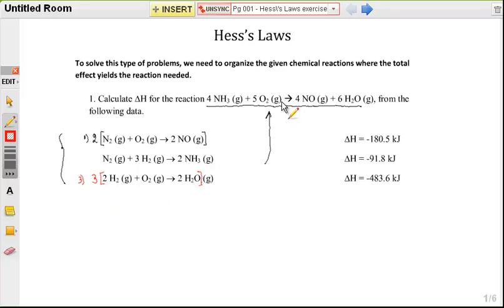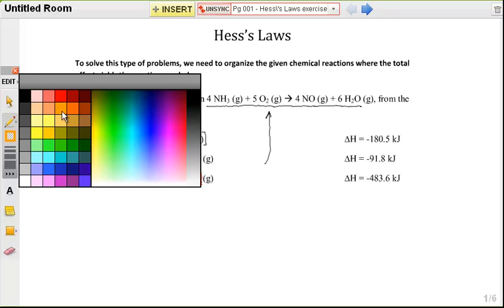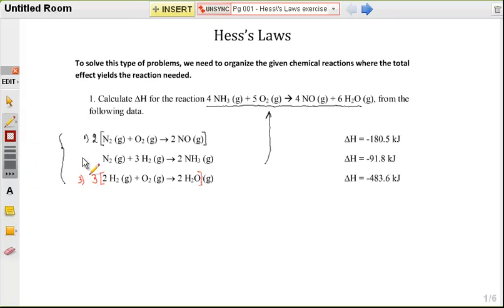Then let's see what happened on my reactant side. We got ammonia, but in my second equation we have ammonia on my product side, and it should be on the reactant side. So we have to flip this equation.